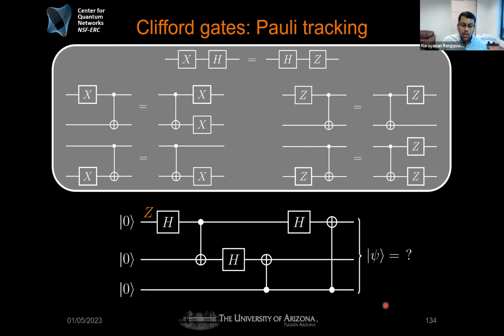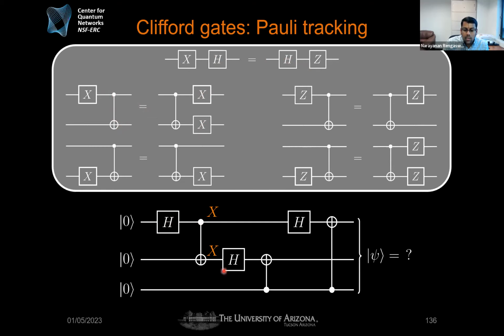So here is how you do it. Let's first consider Z on the first qubit. That's an input stabilizer. Now, first Z, then Hadamard can be swapped with first Hadamard and then X. So it's just a different order of this identity here. So Z becomes X. And then X at the input of a CNOT becomes XX at the output.